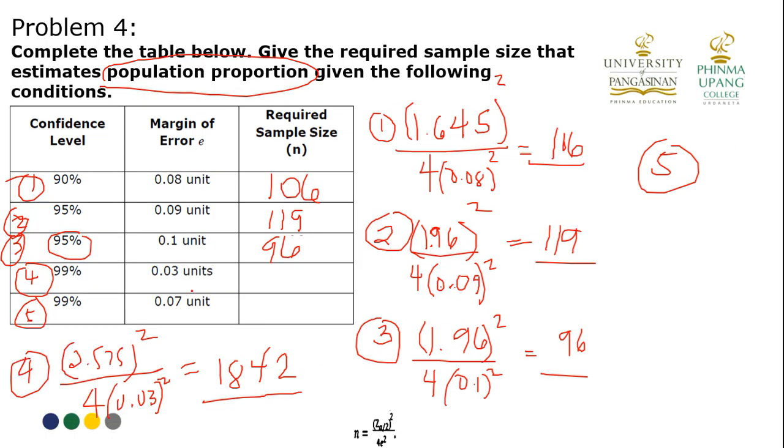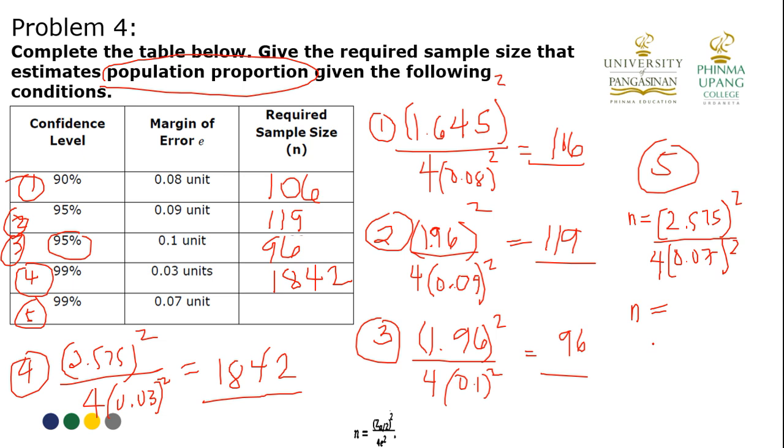Number 5 is another 99%. So that is 2.575. Tapos 0.074 naman. Squared. Squared nyo din yung numerator.